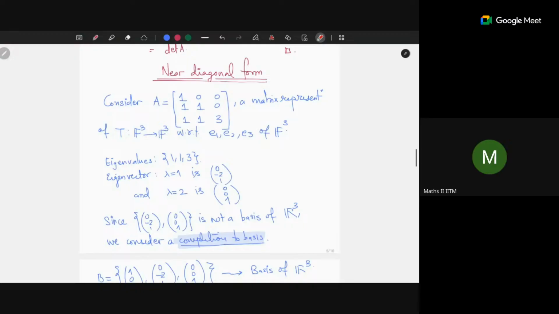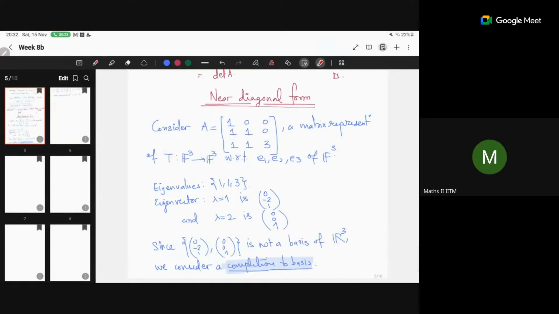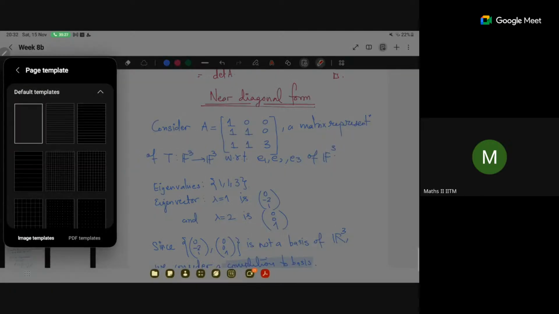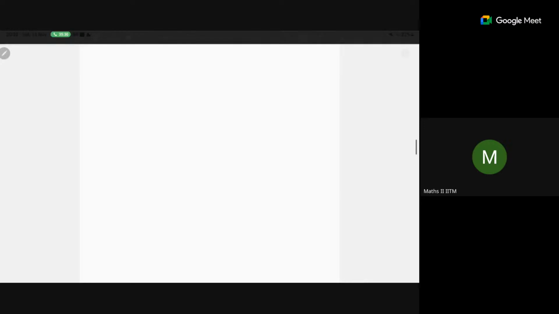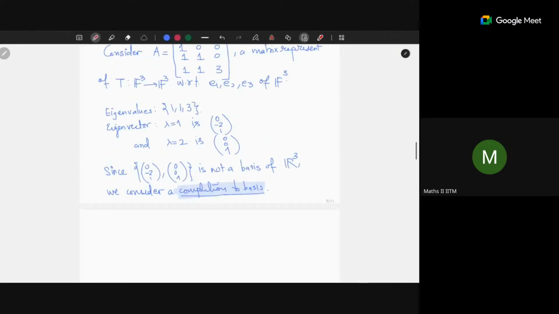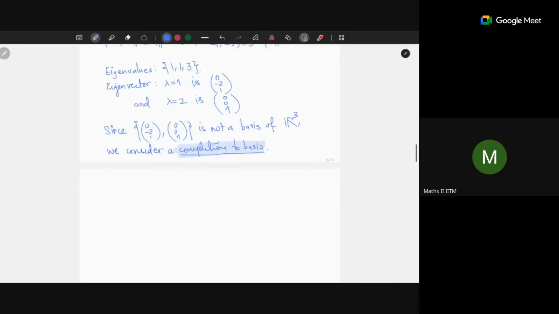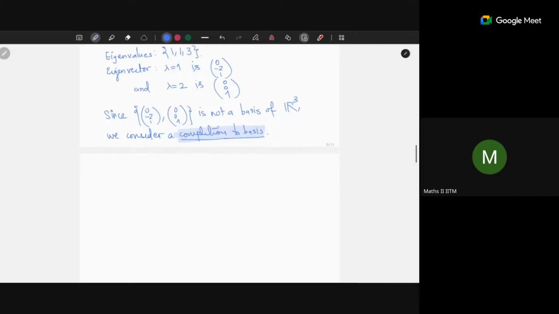So let's find the eigenvector for lambda equal to 1.